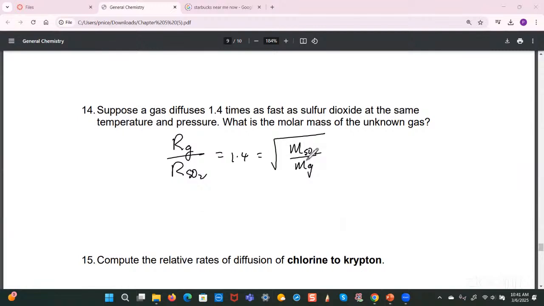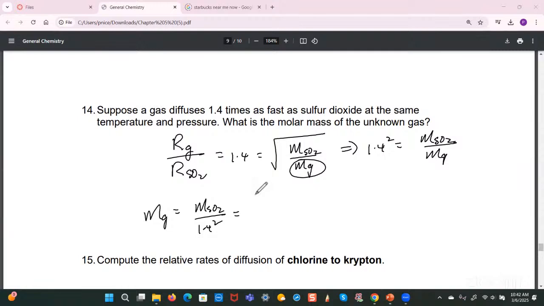So again, the aim is to get the molar mass of the unknown gas. So what does that mean? That means you have to square both sides. 1.4 squared will be equal to the molar mass of SO2 divided by the molar mass of the unknown gas, which means that the molar mass of the unknown gas would be equal to M SO2 divided by 1.4 squared.